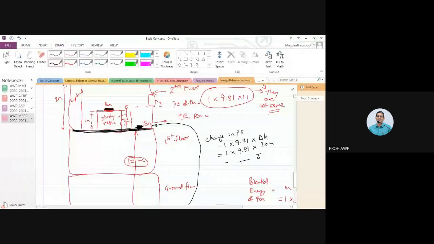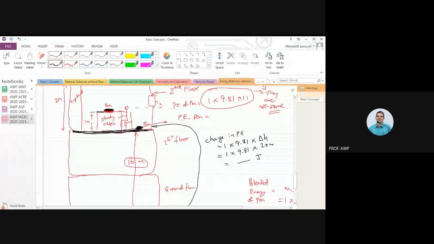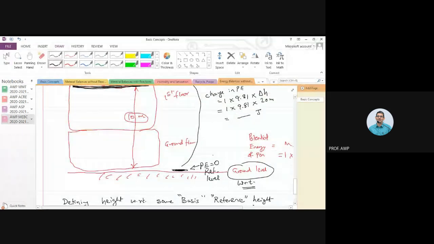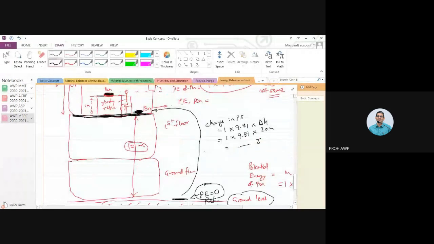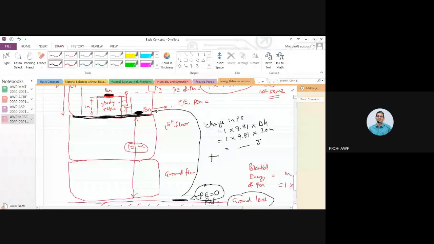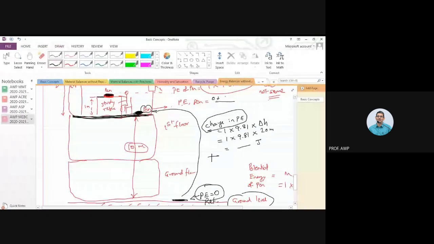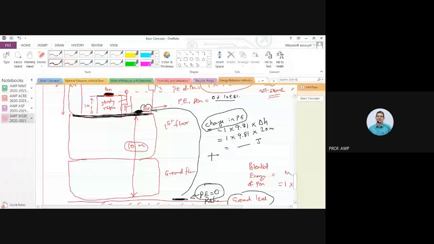So many joules. And therefore we will say the potential energy of the pen at this location was 0 plus how much change there was. The change was 1 into 9.81 into 20, and that's the potential energy of the pen at this particular point.